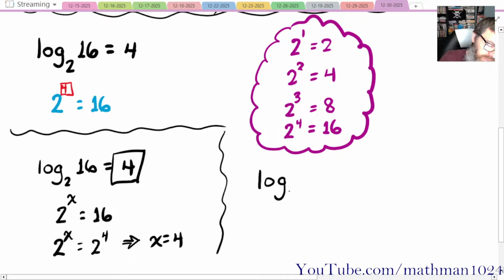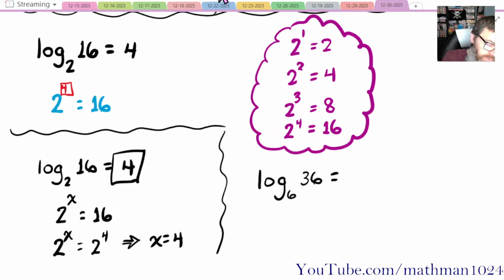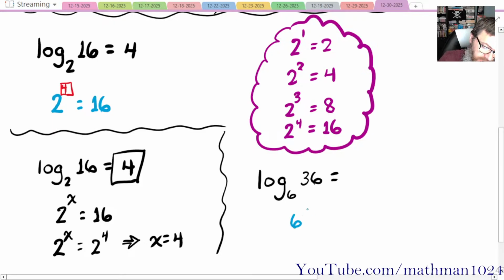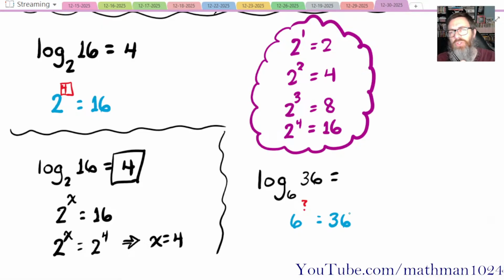If I ask what is log base 6 of 36, somewhere off to the side, you've got to be thinking about this. 6 raised to some power is equal to 36. Again, we should know our powers. If you don't know your powers, then I suggest that you make a list of your squares, your cubes, your fourths, your fifths.